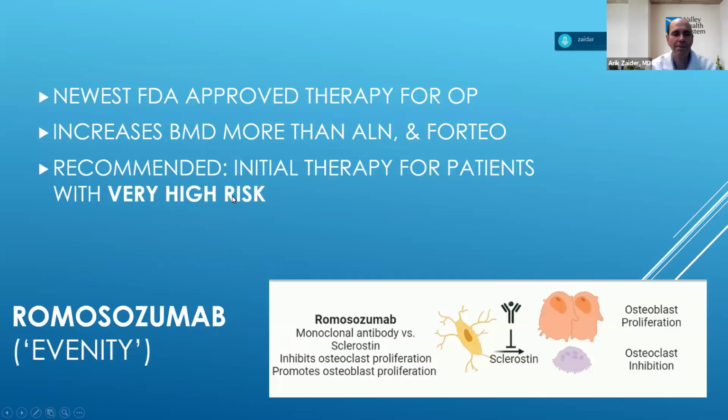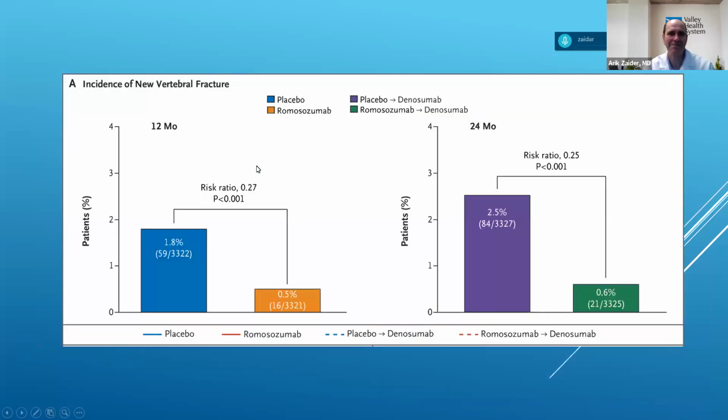Okay, how about the newest kid on the block? The newest kid on the block, which is Evenity. And Evenity works as both a bone builder and something that stops bone breakdown. As I said before, Evenity is the king of the hill, so it's number one. It's Elvis, it's really the very best, and that can be demonstrated.